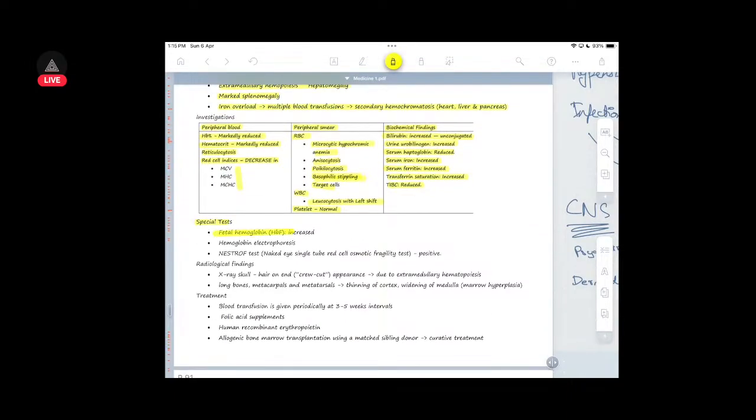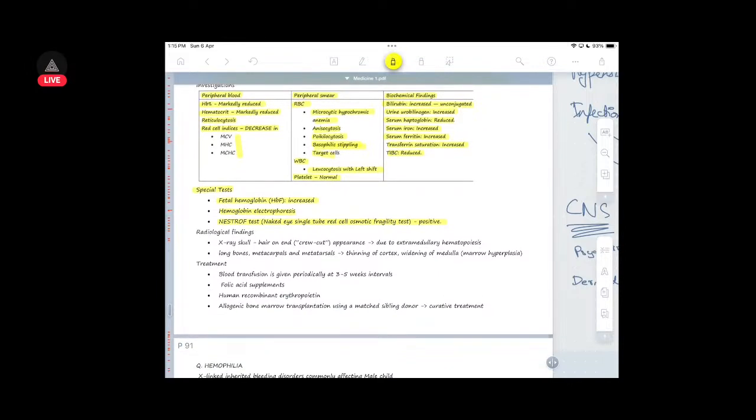So special tests: fetal hemoglobin, HbF, will be increased. Hemoglobin electrophoresis you can perform, and the NESTROFT test, naked eye single tube red cell osmotic fragility test.